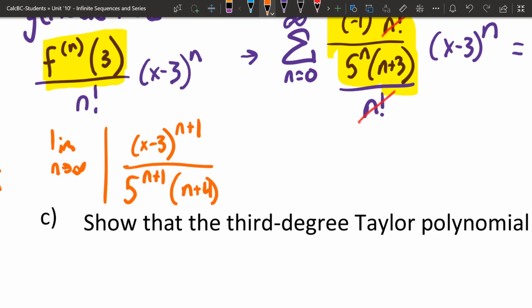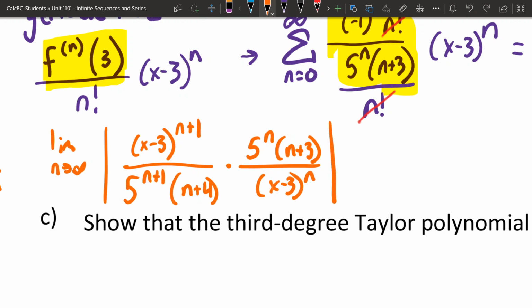I don't have any room to divide, so I'm going to multiply by the reciprocal right away. This is of our current term, or our rule itself. So if you remember using the ratio test, now we're looking to simplify as much as we can before we evaluate our limit as n approaches infinity.